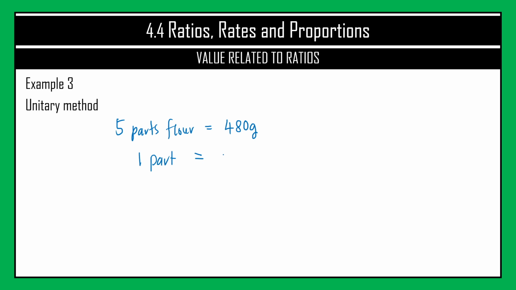So if 5 parts equals 480 gram, and I only want to know 1 part, our operation will be 480 divided by 5. Alright, so 480 divided by 5, how much will you get?